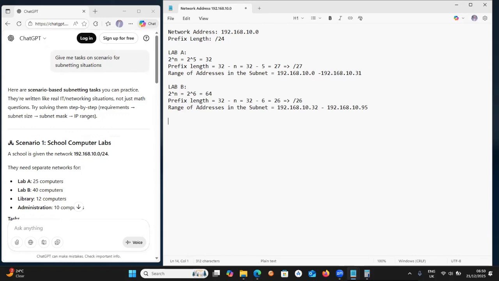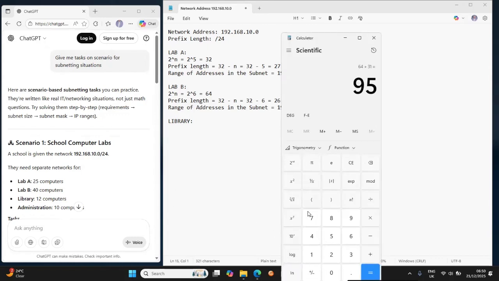Now for the library, we want to accommodate 12 computers. For 12 computers, that should be 2 raised to power 4, because 2 raised to power 3 is 8, and 8 cannot accommodate 12.